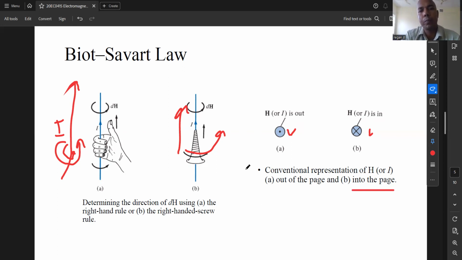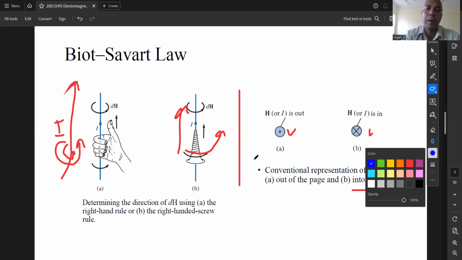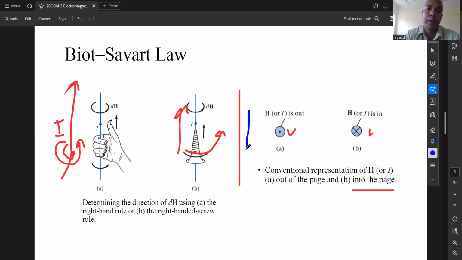If I alter the direction of the current, for example, if this is a current-carrying conductor and the current flow is in this direction, that means the current is in the downward direction. If the current is downward, the magnetic field will be in the opposite direction, so it is coming out from the screen.